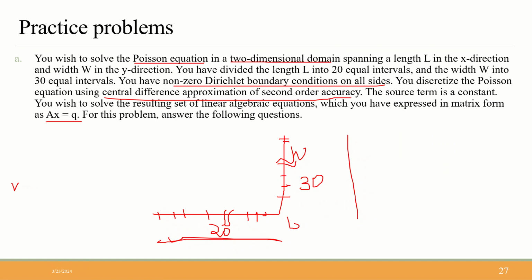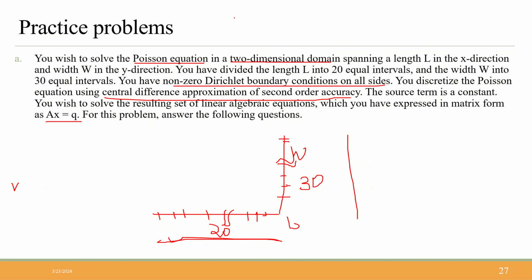The Poisson equation is second order, with del squared terms like that. It has a second derivative, and we are discretizing using the central difference scheme. So we will have 5 variables in one equation, if you remember. And the source term is a constant.